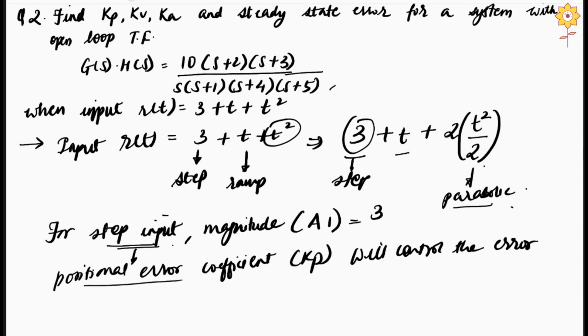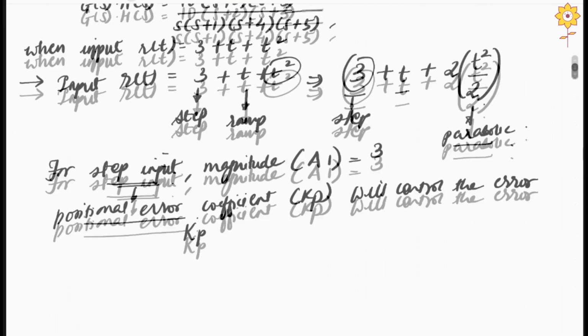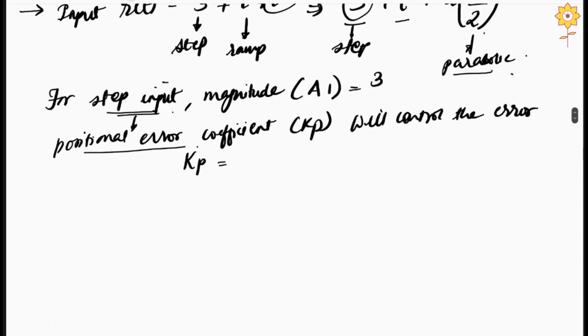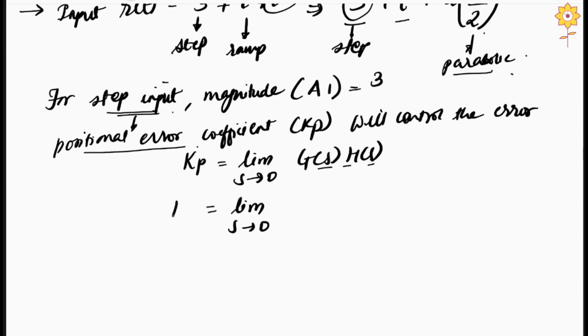So, what is positional error? It is given by Kp, correct. So, we know the formula for positional error, it is as follows. We also have g of s, h of s given to us. So, we will substitute the value and find out the value of Kp.